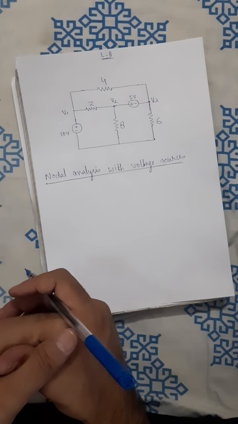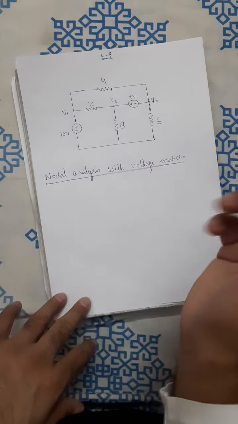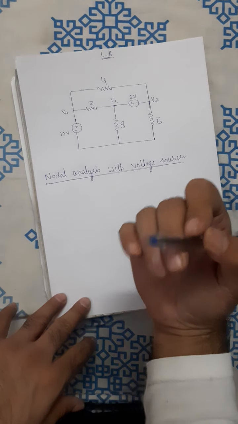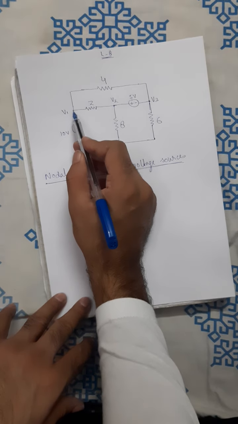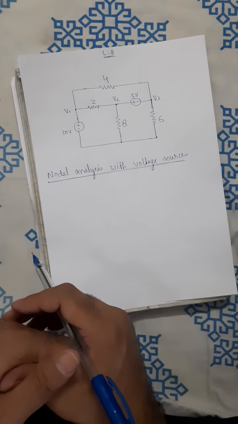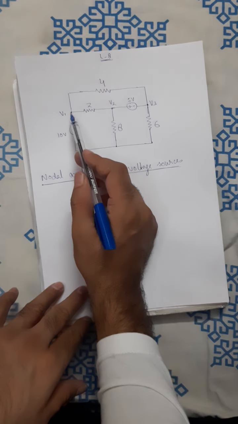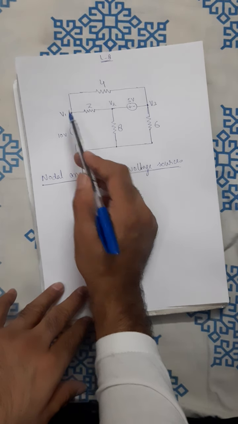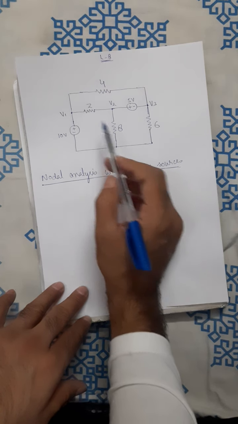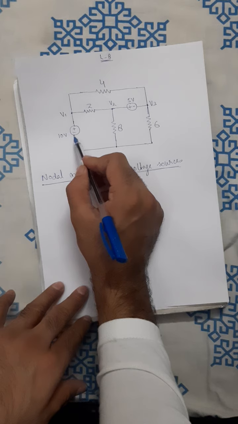We know that a voltage source, if you look at this diagram, can be connected between a non-reference node and a reference node. In that case, the voltage of the non-reference node is set equal to the voltage of the voltage source.